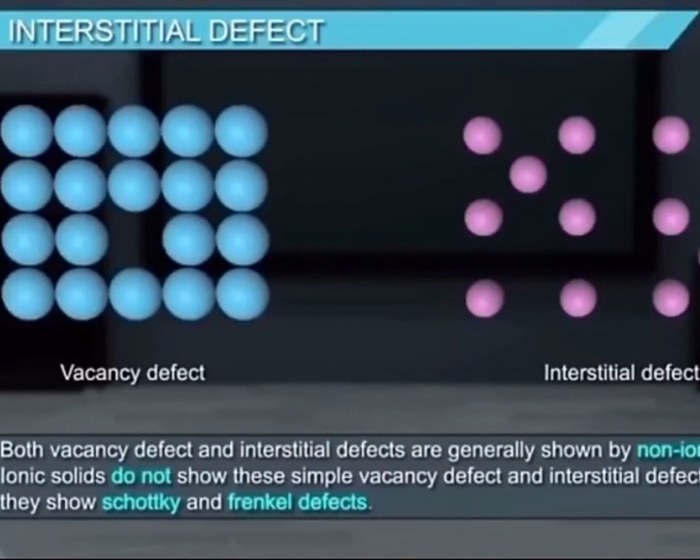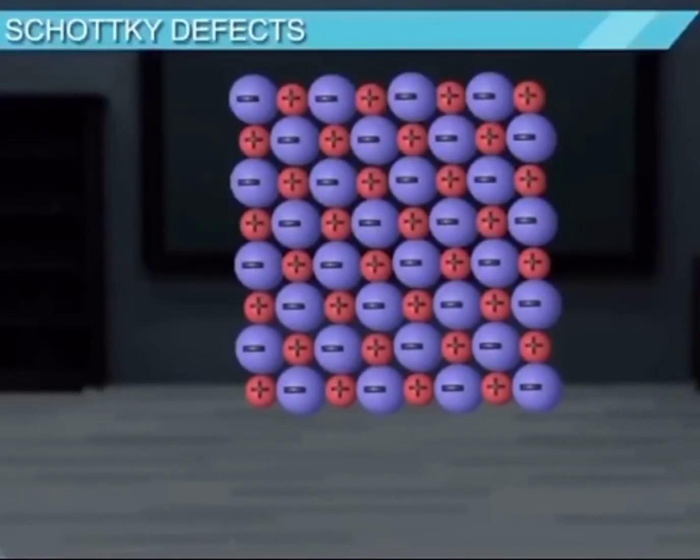However, ionic solids must always maintain electrical neutrality. Hence, simple vacancy or interstitial defects are not shown by ionic solids. However, they show Schottky defect and Frenkel defect. Let us understand this in detail.